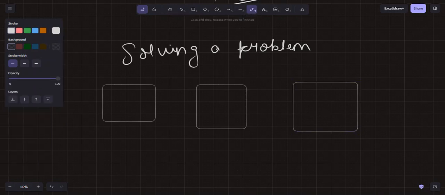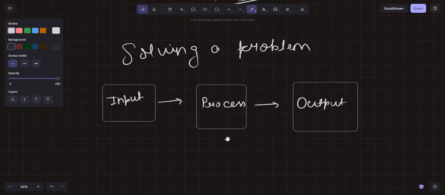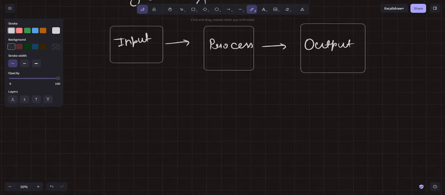Let's discuss this. First one is input, then process. After that, what we got? Output.